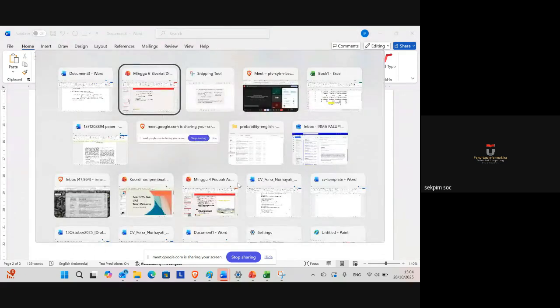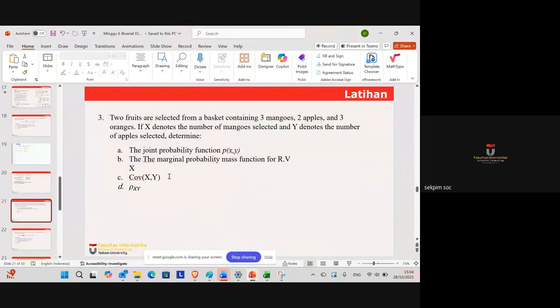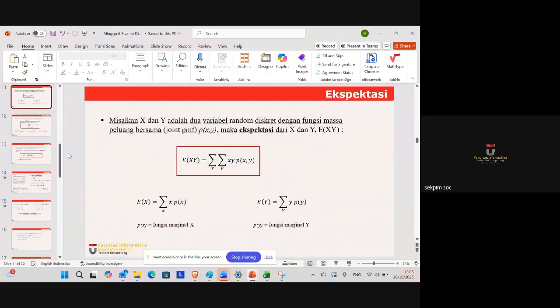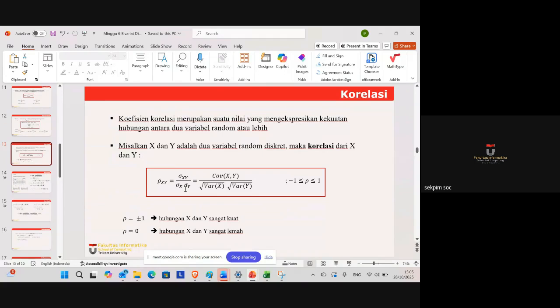Maybe one more example. Do you know the formula for covariance, right? This is the covariance of x, y, and this is the correlation. The correlation of x and y has a formula like this. Actually, they measure the same thing, the relation between two variables, but the correlation has no units, so it doesn't depend on any unit.